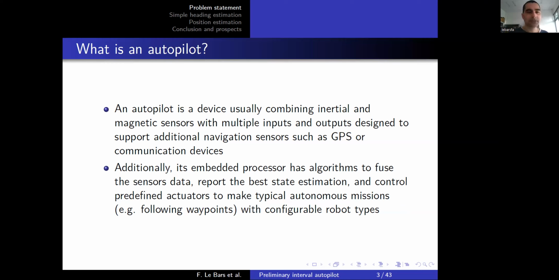So most of the time you have some pre-configured profiles or robot types, and some typical navigation algorithms that we are already able to use quite easily.